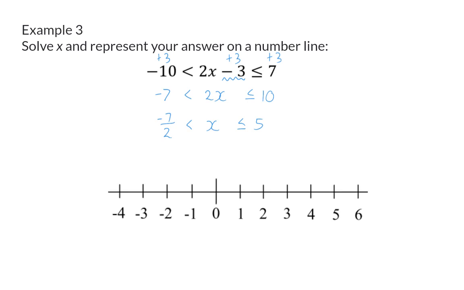So on my number line at minus 7 over 2, or minus 3.5, I will have an open circle and ensure that we know this is exactly minus 7 over 2. And then at 5, I will have a solid dot to indicate that 5 is also part of the answer. And then I will connect these two dots to indicate that x can be any value in between.